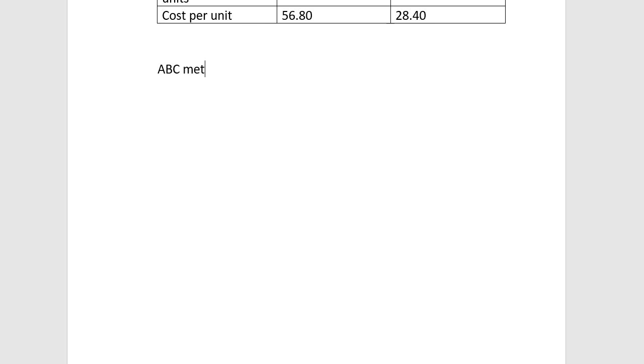ABC method. For the ABC method, first and foremost we have to calculate the cost driver rates. The first is the cost of volume activity.